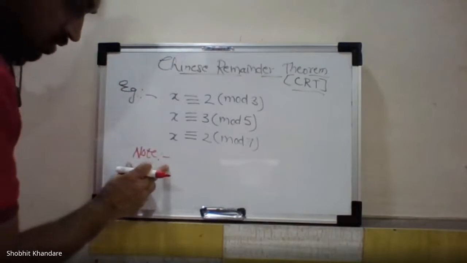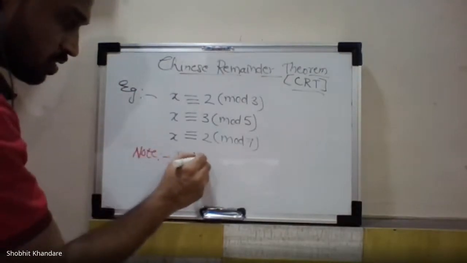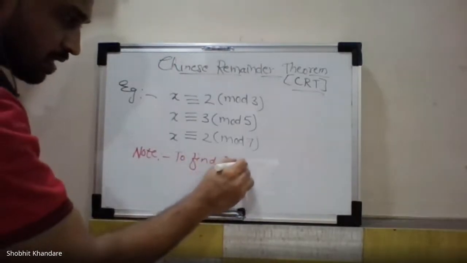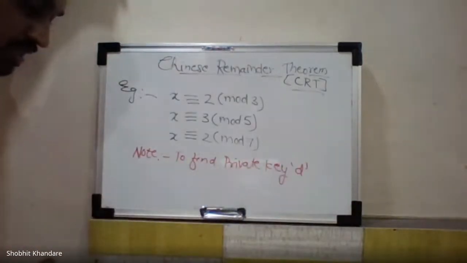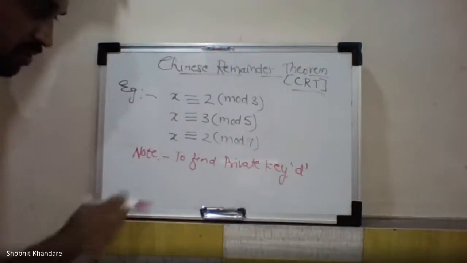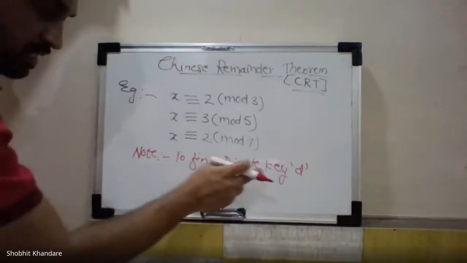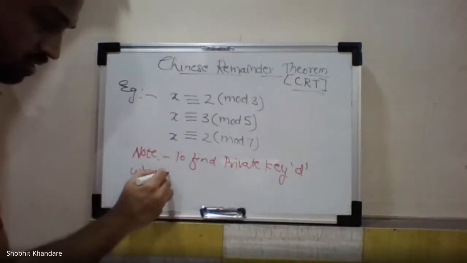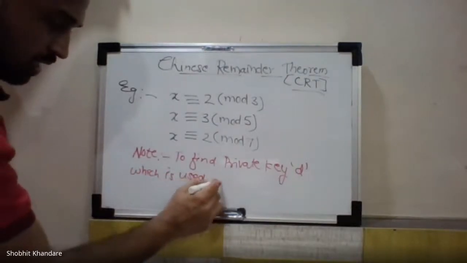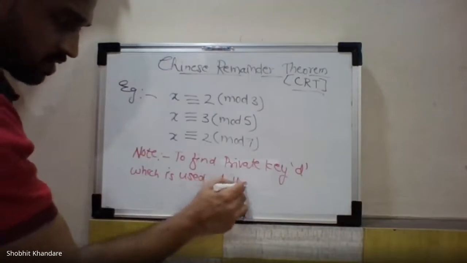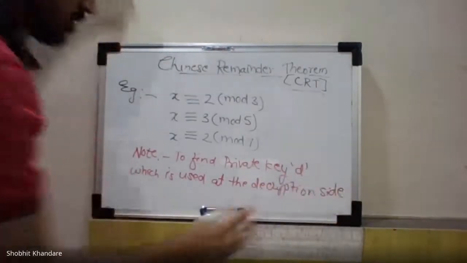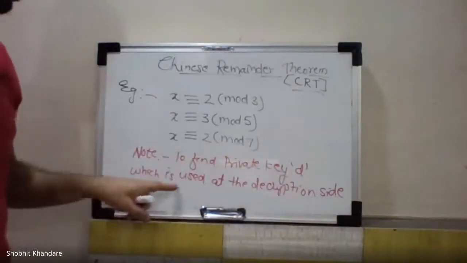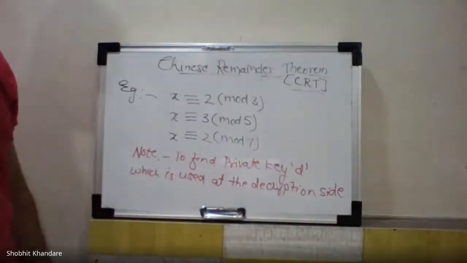In the note write: to find the private key d, which is used at the decryption side.